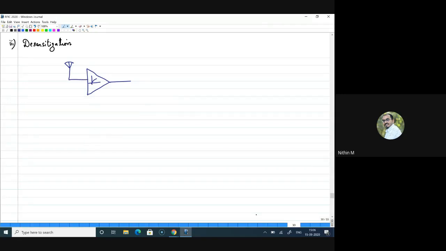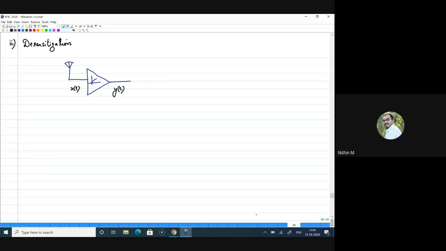You can assume that it is an amplifier or whatever it is. In the previous two discussions, we were looking at the input signal. Now we will consider a different case, where this is your input signal x of t and this is your output y of t.